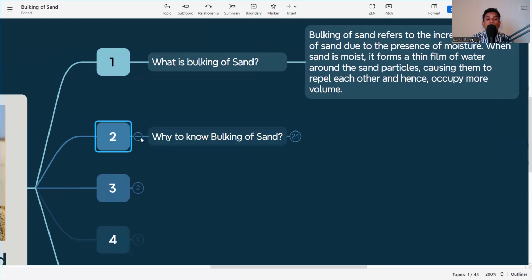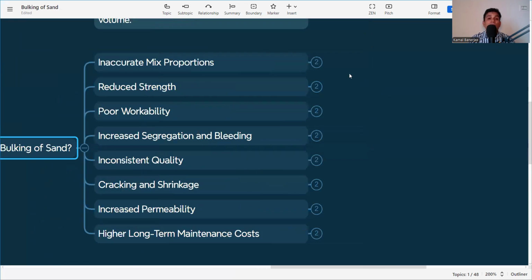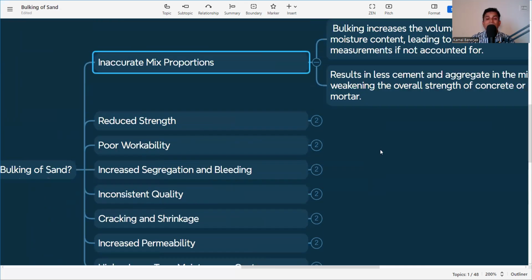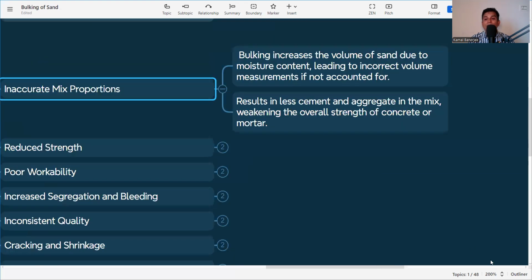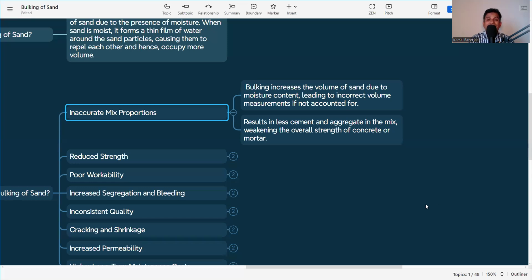That is why we need to know about bulking of sand and its effects. First is inaccurate mix proportion. If there is bulking of sand, what will happen? There will be an inaccurate mix proportion. Why? Bulking increases the volume of sand due to moisture content, leading to incorrect volume measurement.